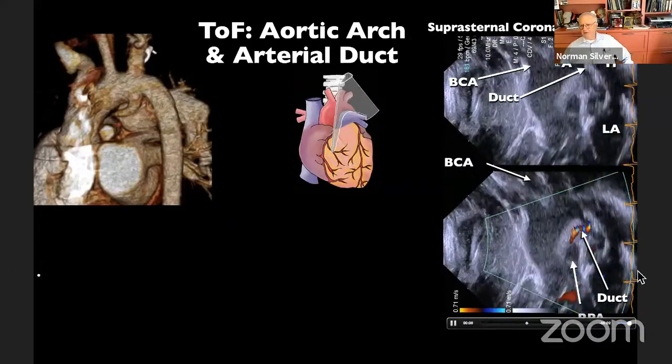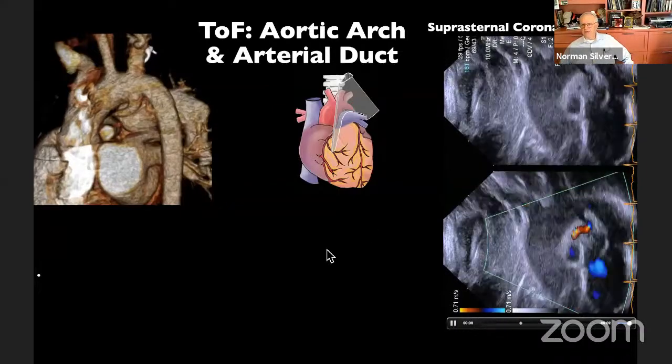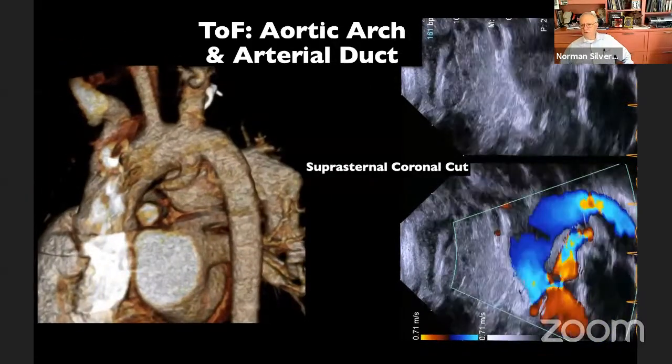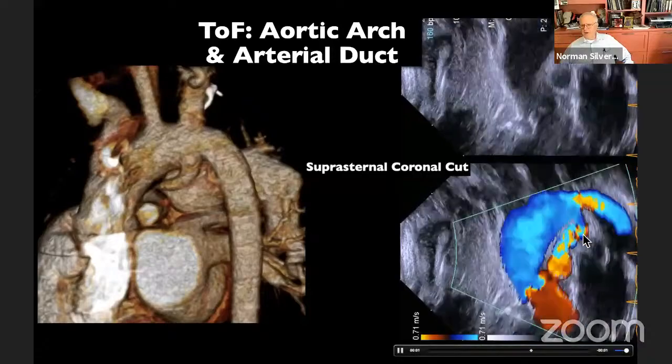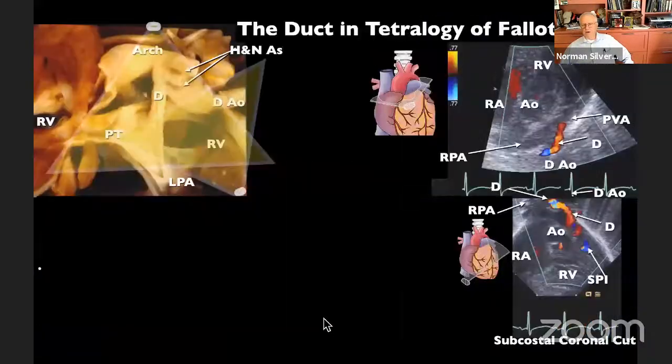It's all from the duct. And your vertical orientation is assured. I'll take the labels away from you, and I'll zoom that up as much as I can to show you this area and how beautifully it can be highlighted with color flow imaging.